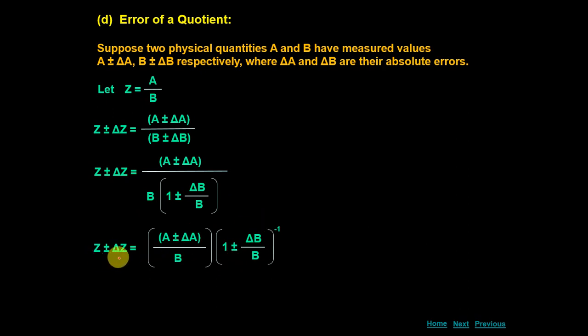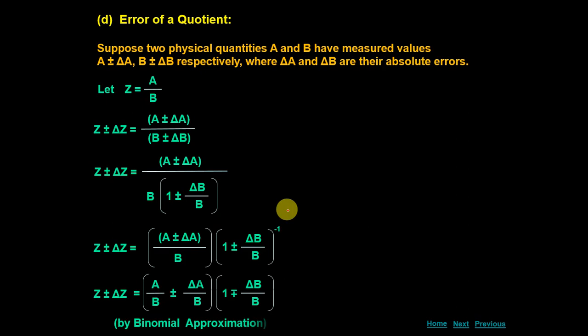So Z plus minus delta Z equals A plus minus delta A over B, and 1 plus minus delta B over B, as it goes in the denominator, its power becomes minus 1. Now you can see it is Z plus minus delta Z equals A over B plus delta A over B times 1 minus plus delta B over B.